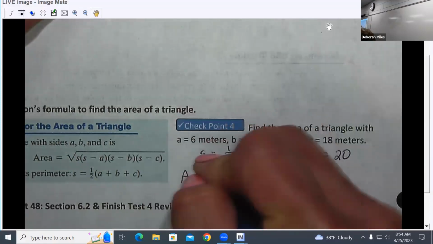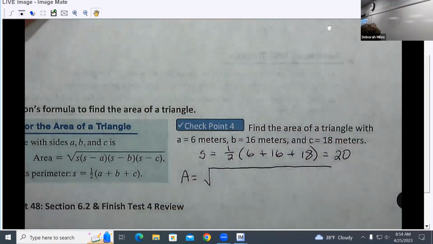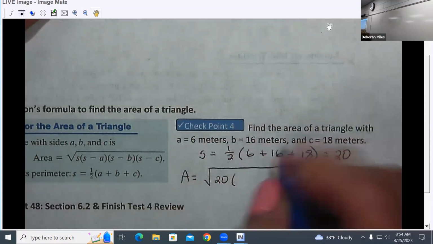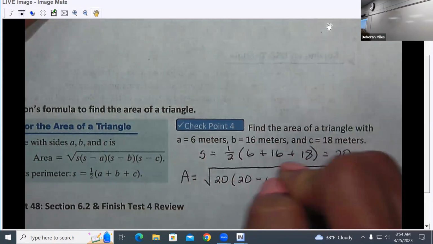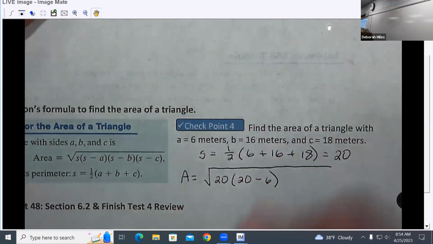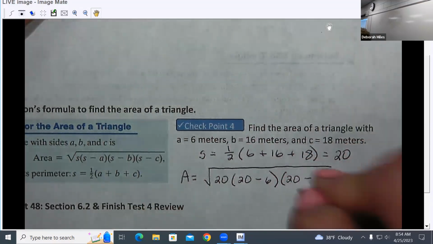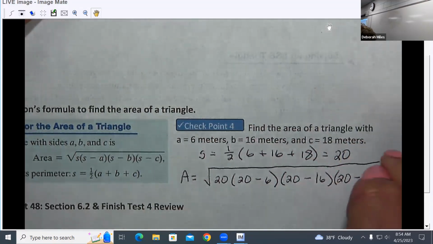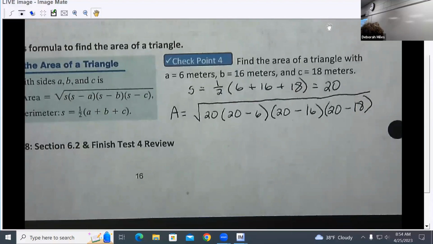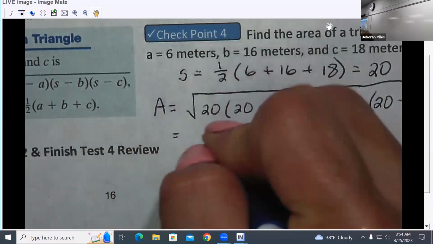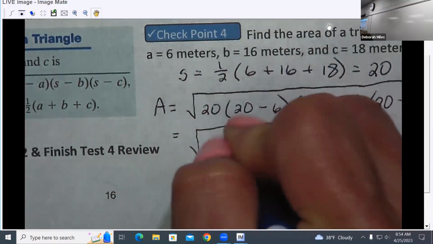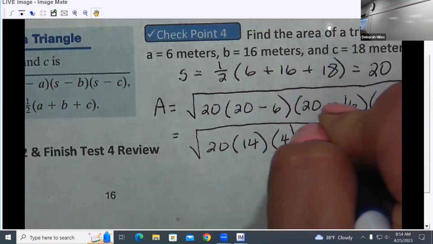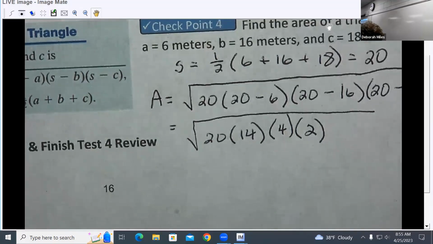And the area is the square root of S, which is 20, times S minus A, times S minus B, times S minus C. Square root of 20 times 14 times 4 times 2 is 280 times 8, whatever that is.